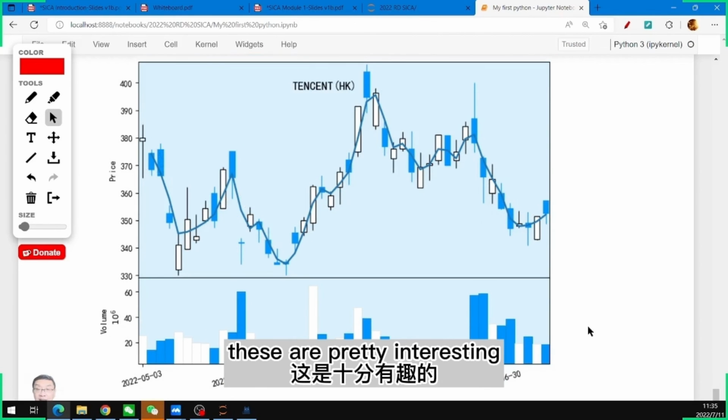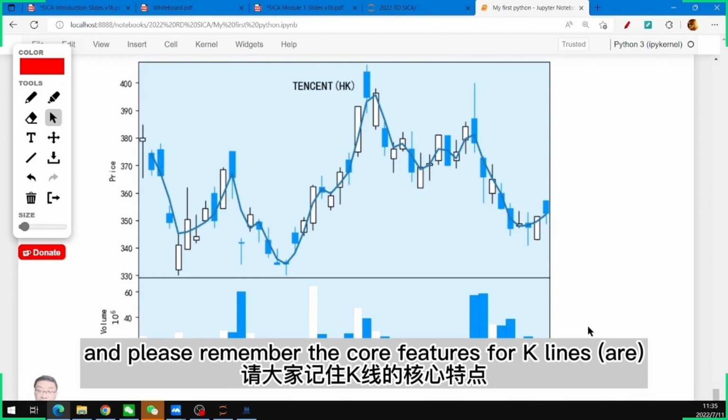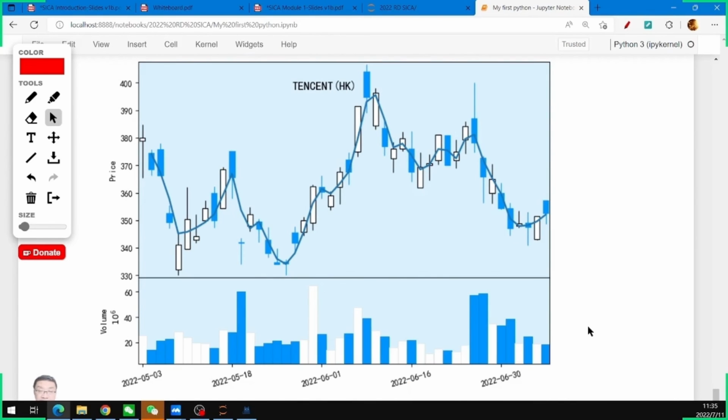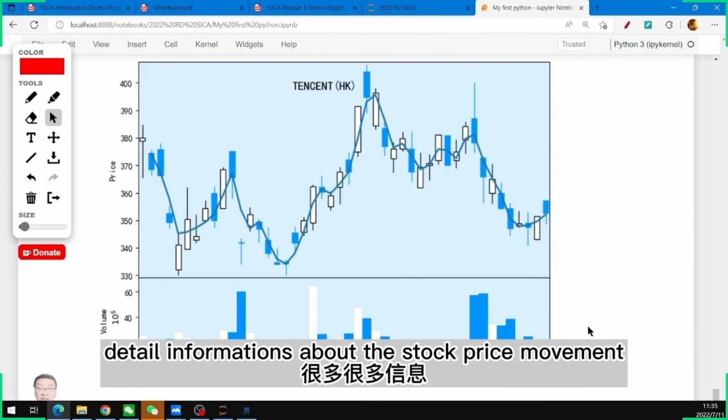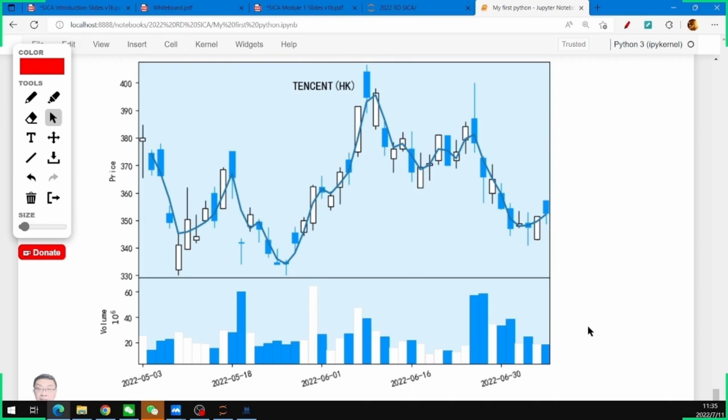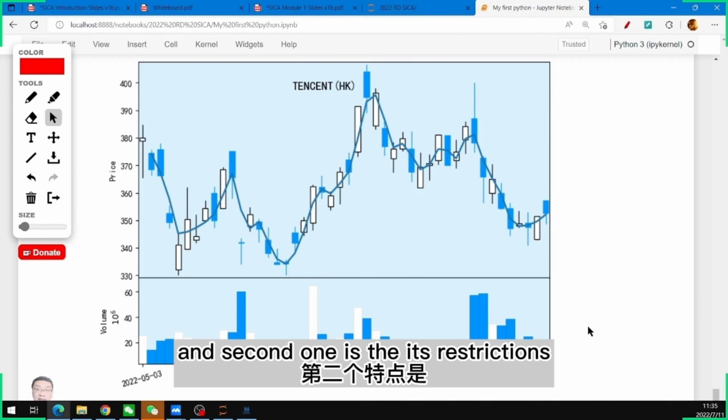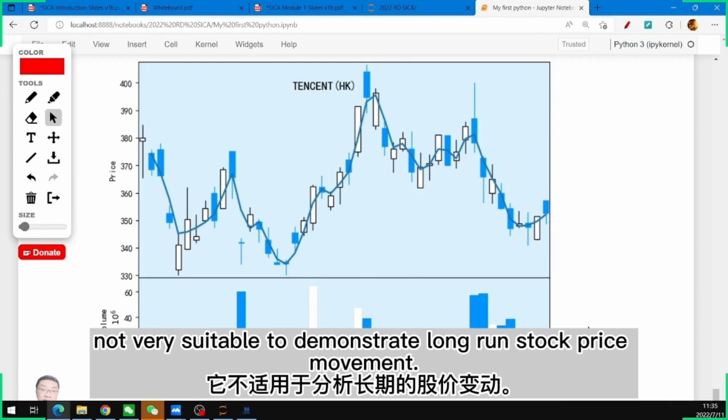These are pretty interesting. And please remember, the core features for K lines is 2 points. First one, it can provide much more detailed information about the stock price movement. And second one is its restrictions, not very suitable to demonstrate long-run stock price movement.